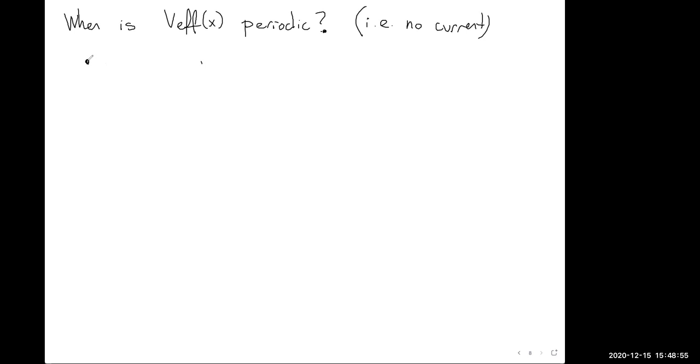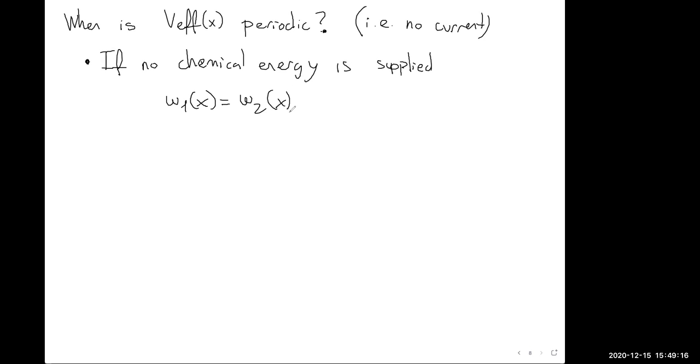So we have the following: if no chemical energy, no ATP, is supplied, we have omega 1 of x equals omega 2 of x times e to the (V1 of x minus V2 of x) divided by kBT. This is called the detailed balance condition, okay?